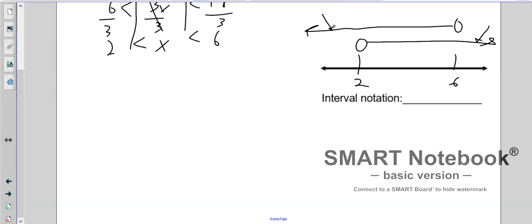Yes. Is it greater than 2? No. So our final answer is the in-between: greater than 2 and less than 6. And both parentheses because they're both open dots.